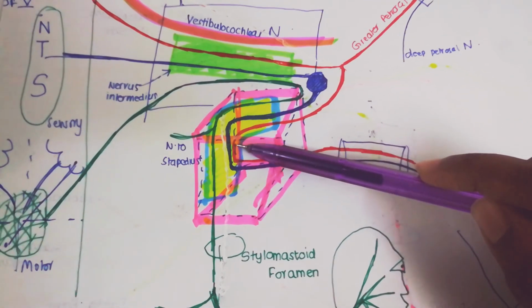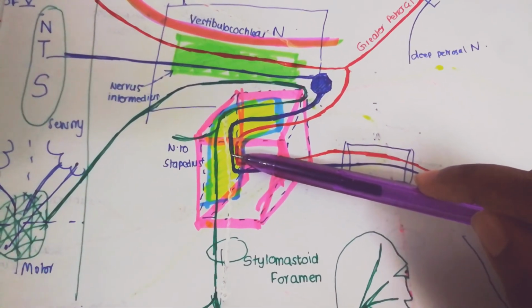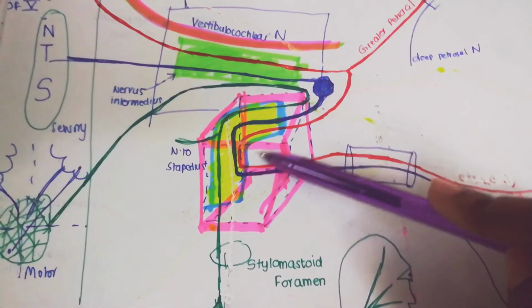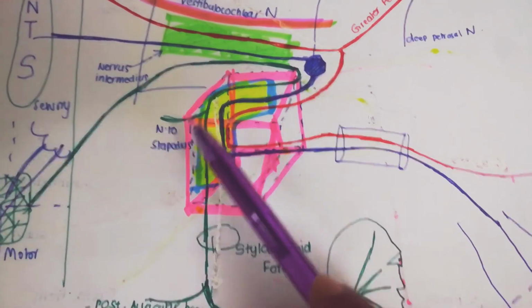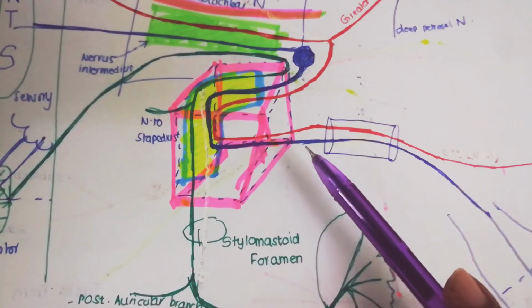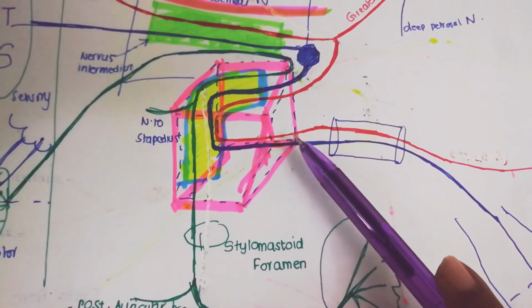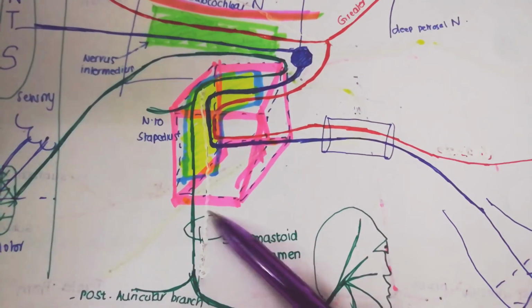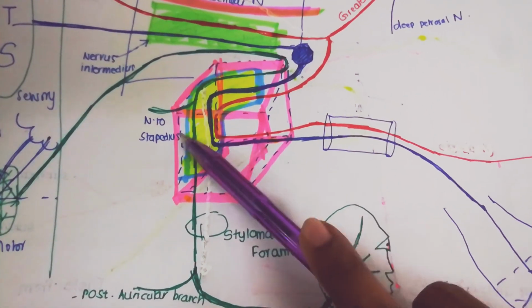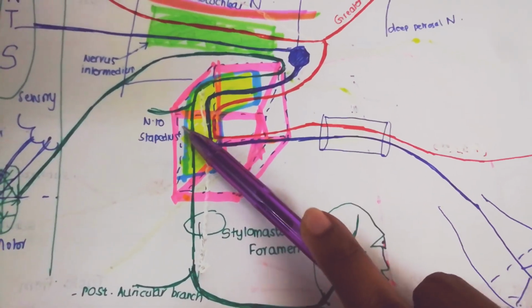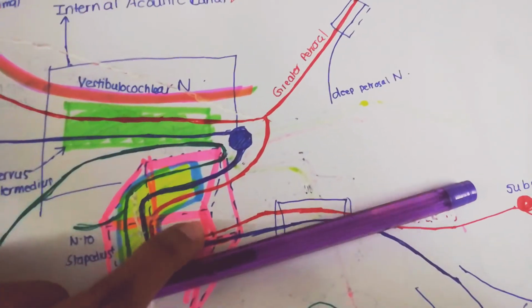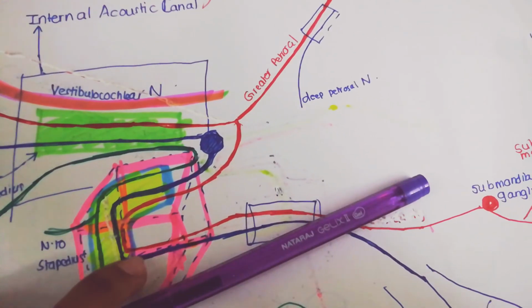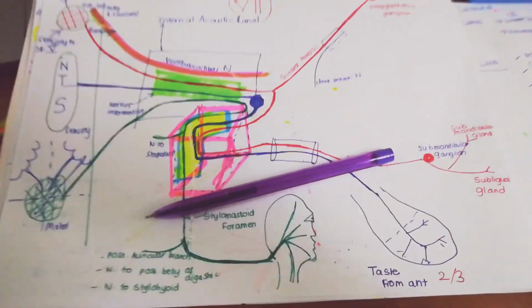In Bell's palsy, where it affects here, you don't have hyperacusis, you don't have salivation issues, you don't have taste sensation issues because it's affected here. If it is affected here, then you have salivation issues, but you don't have hyperacusis because that branch is already given off. If it is affected here, you have hyperacusis, salivation, and taste problems, all of them. So that is how you must know the anatomy. So that is it for the facial nerve.